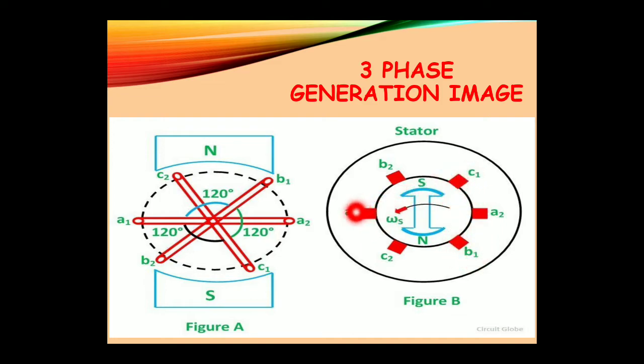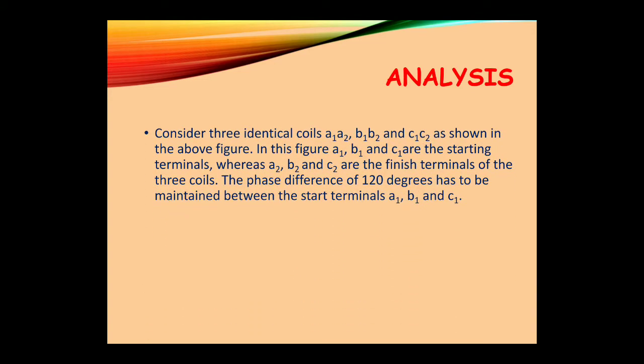The angle between A1 and B1 is 120, A1 and C1 is 120, and C1 and B1 is also 120, same as here. Okay, whereas A2, B2 and C2 are the finish terminals of the three coils. The phase difference of 120 degrees has to be maintained between the start terminals A1, B1 and C1.